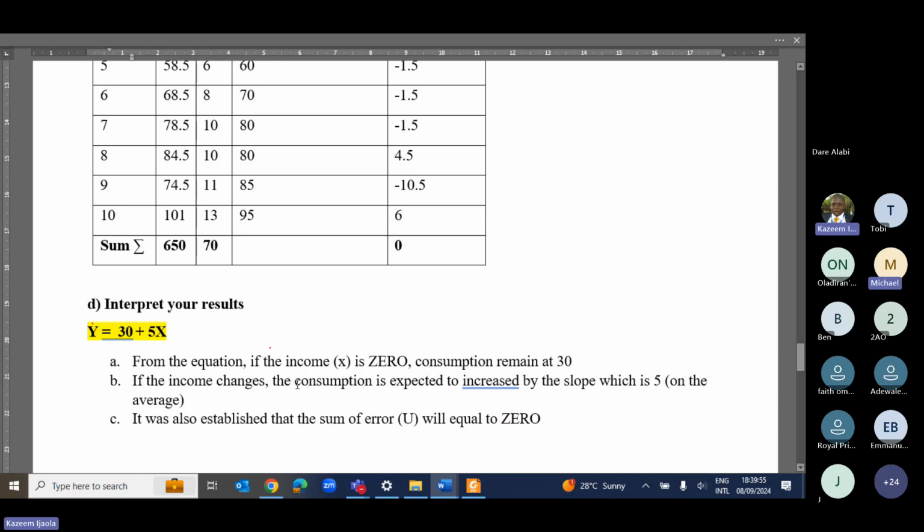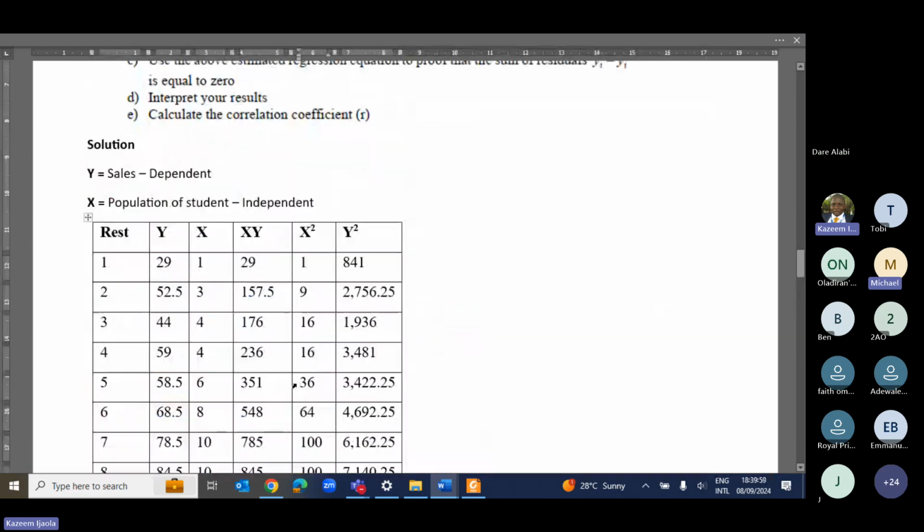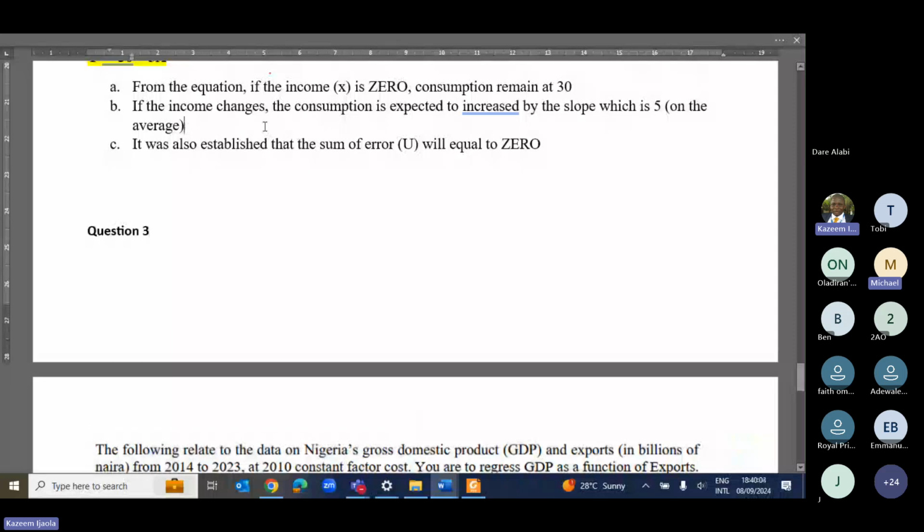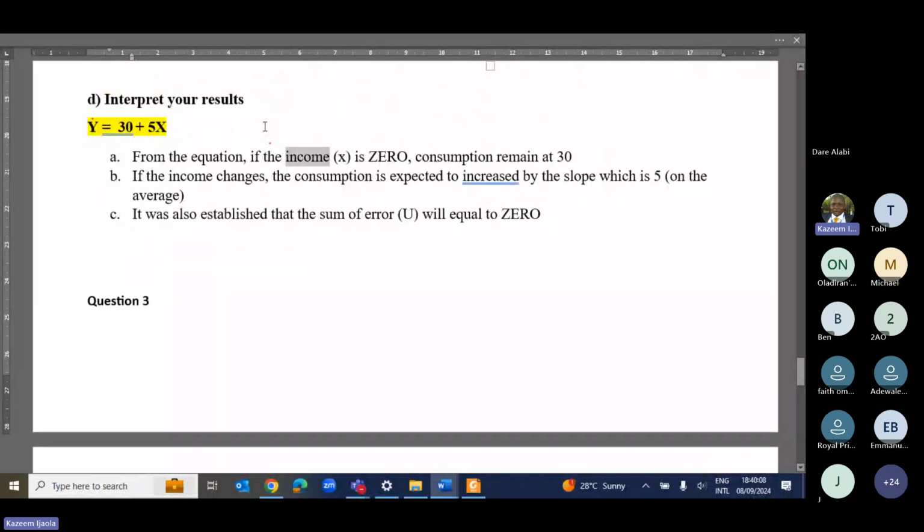Wait, hold on. Let me even change it now. This is population and students, so don't let us copy and paste blindly. If the population is 0, sales remain what? Then you now say that if income changes by 1 naira, right?